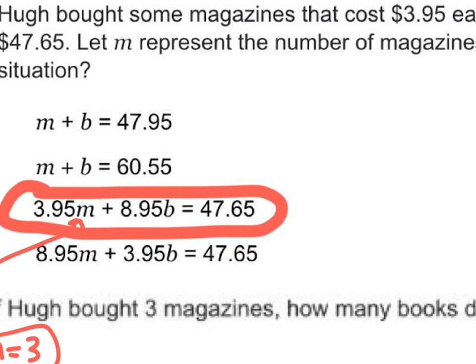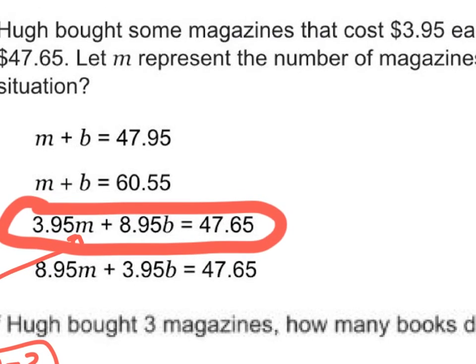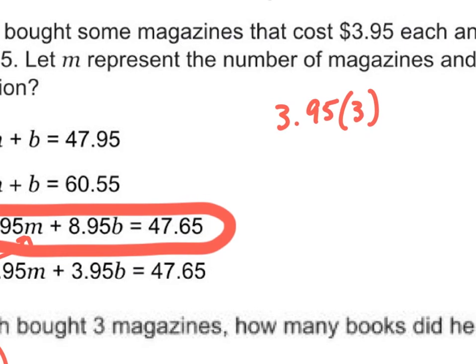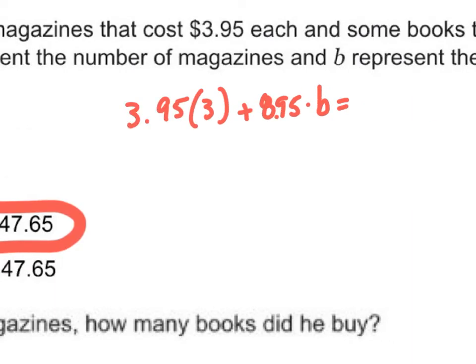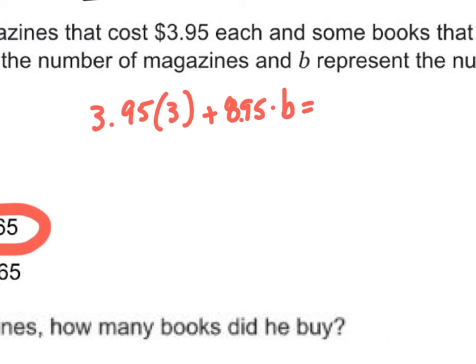So I'm going to do $3.95 times 3 magazines plus $8.95B, 8.95 times B, and that's going to equal $47.65. Okay. So now I've got 3 times 3.95. What does that give me, guys? Anybody know?